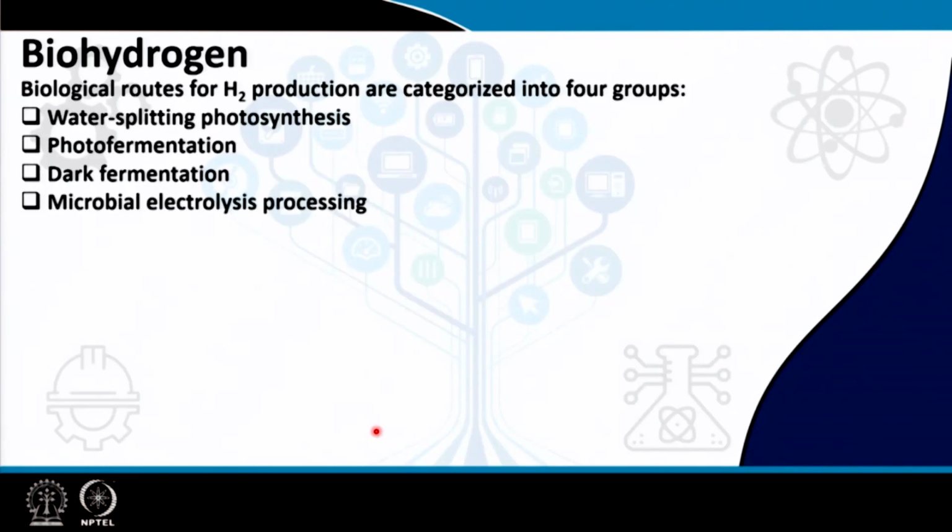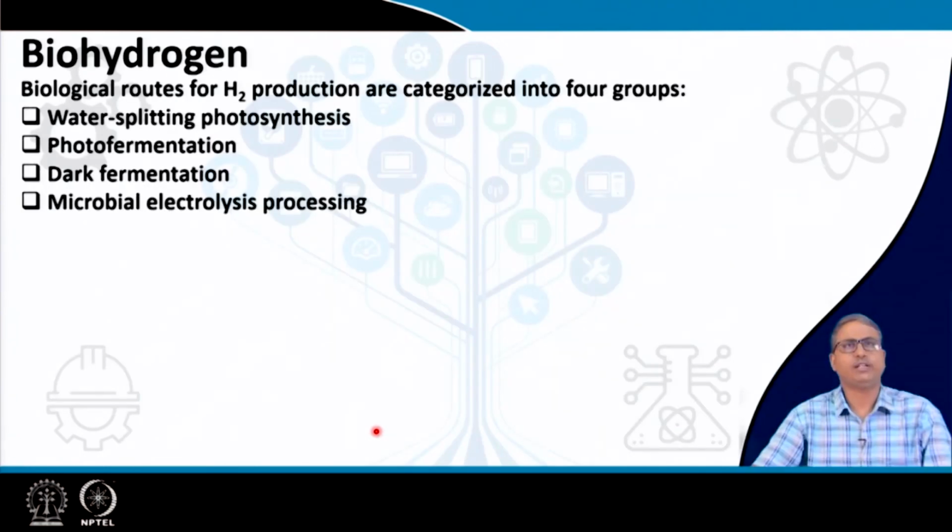Now, next is the biohydrogen. Biological routes for hydrogen production are considered to be very important and efficient processes, and are categorized into 4 groups: water-splitting photosynthesis, photofermentation, dark fermentation and microbial electrolysis.